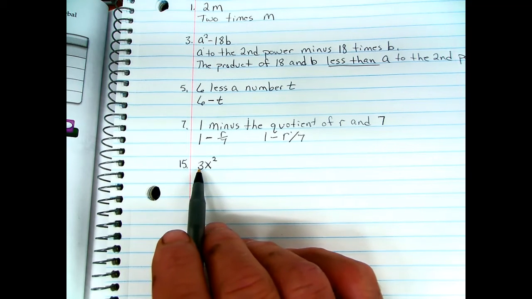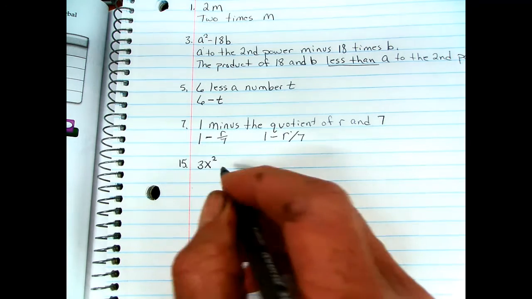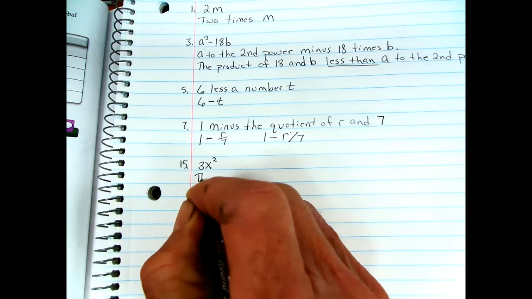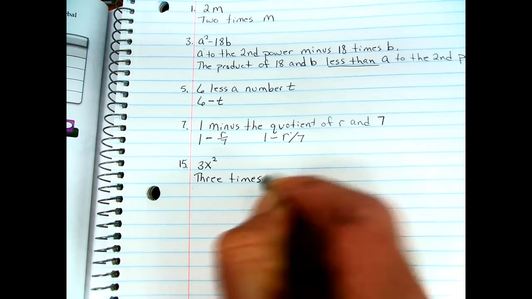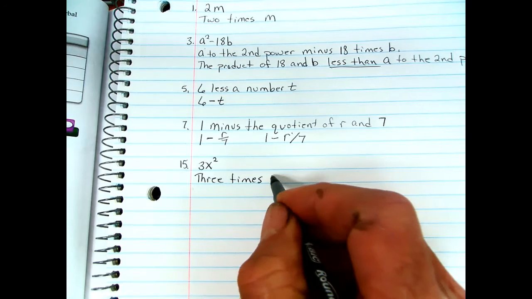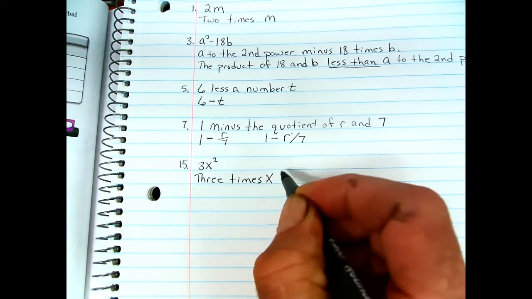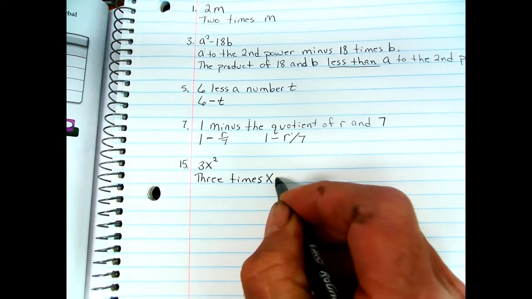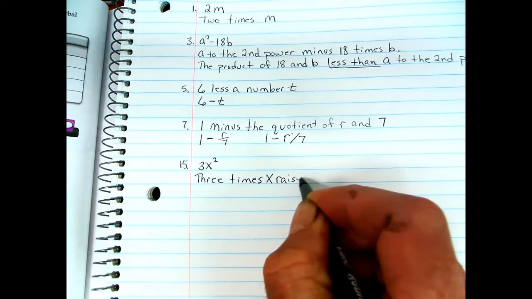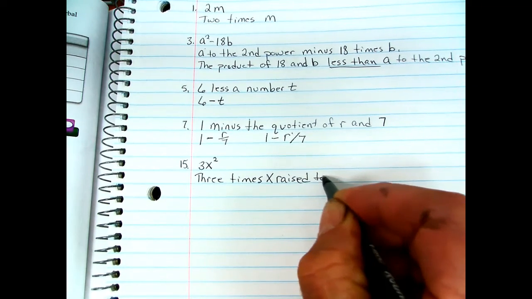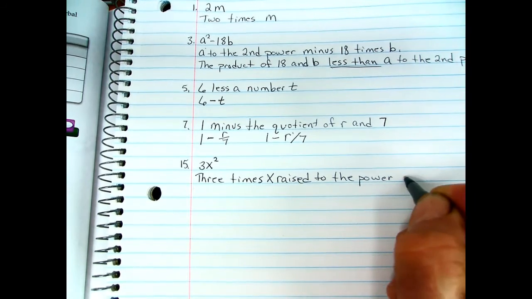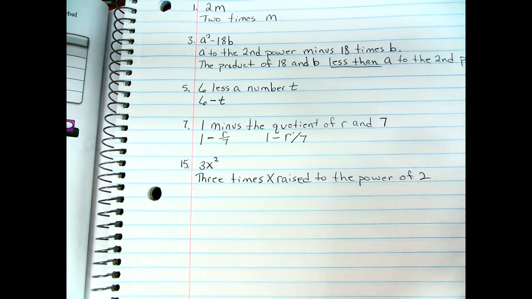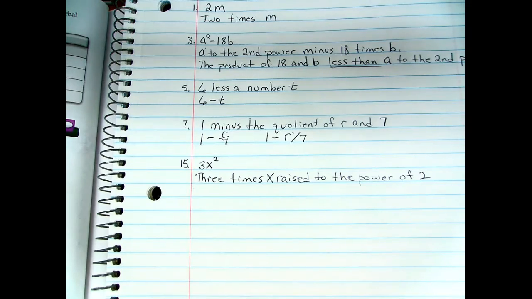We'll just make it a little simpler than that, and we'll use the word times again. So it's 3 times. The 3 is being multiplied to the X, and the X is being raised to the power of 2.